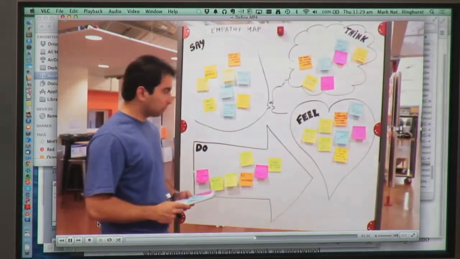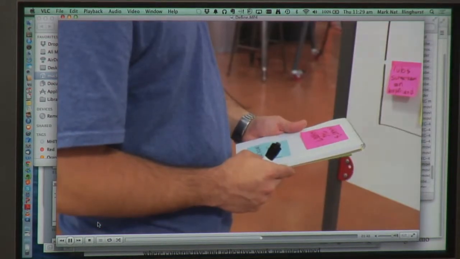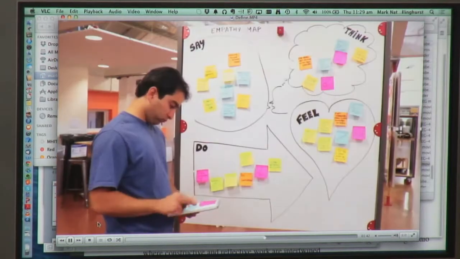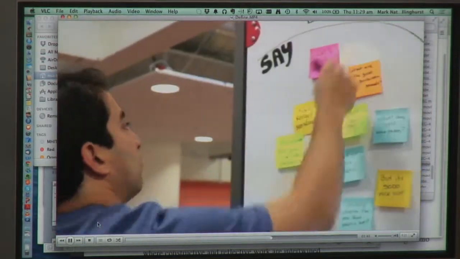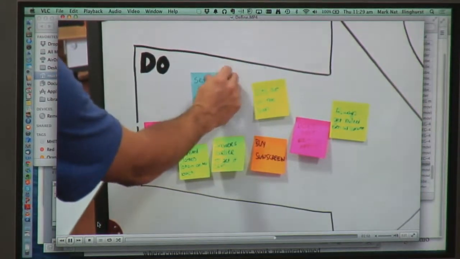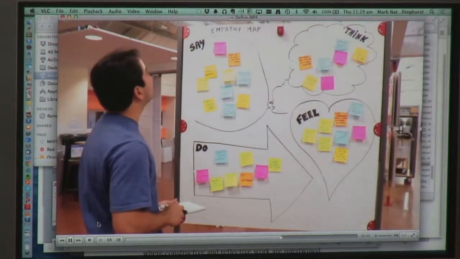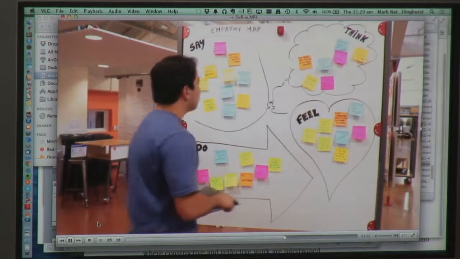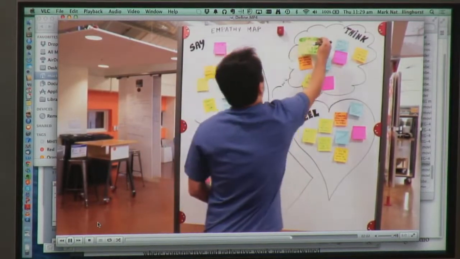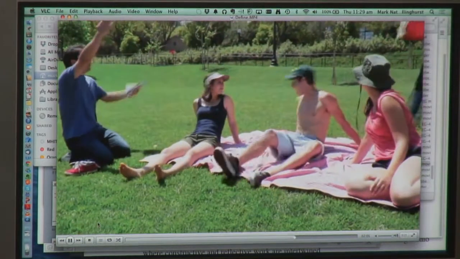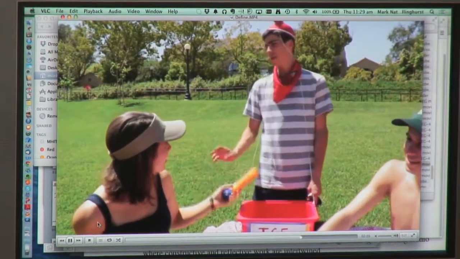To make sense of his observations, Lucas uses a framework called empathy map. He reviews his notes and decides to focus on the ice cream vendor. On the left side of the empathy map, Lucas uses the sections labeled say and do to unpack what he heard and saw from the ice cream vendor. Once he completes the say and do sections, Lucas moves to the right side of the empathy map. Here, he will make inferences about the person's thoughts and feelings. For example, the ice cream vendor said, "I don't know why there is so much hype with sun exposure."